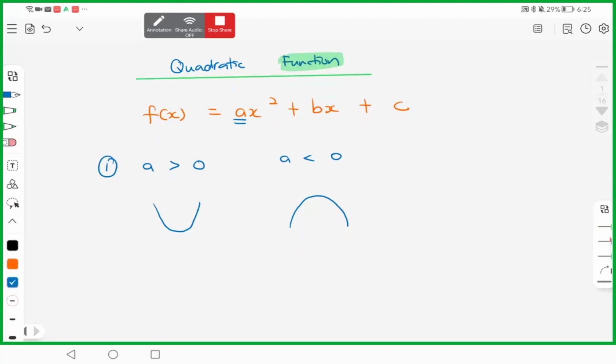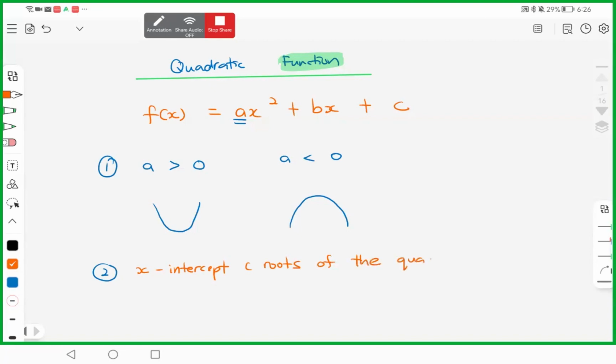Second thing, we also learned how to check the x-intercept. This x-intercept, we call it the roots of the quadratic equation.